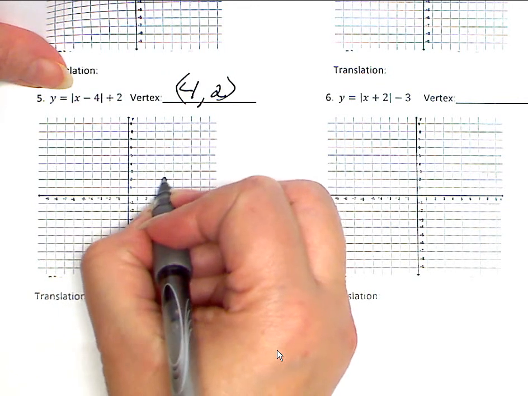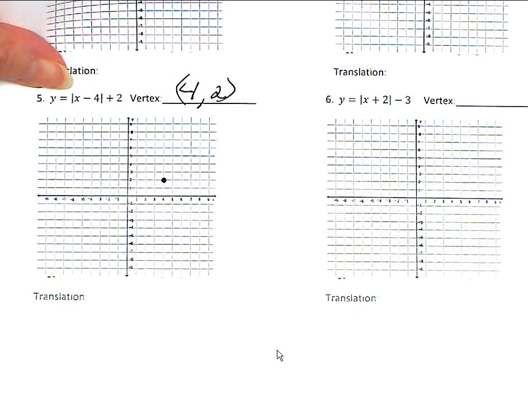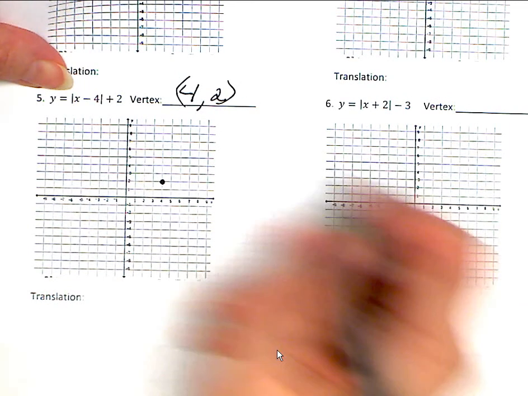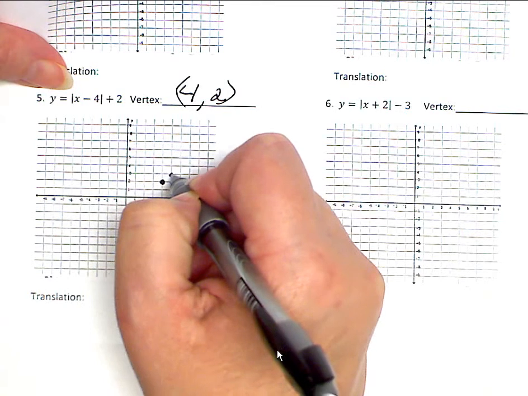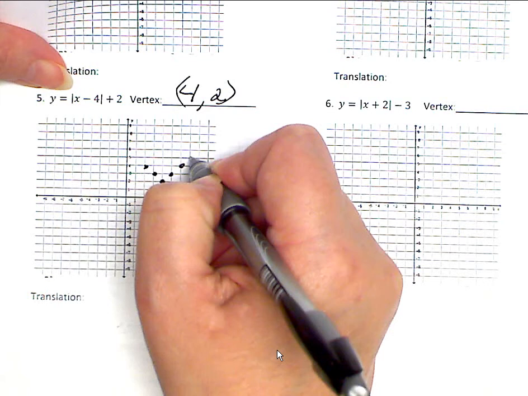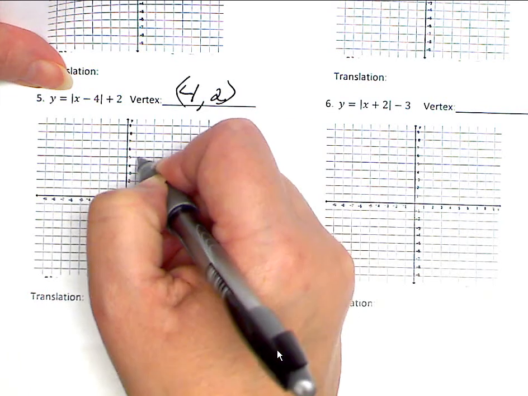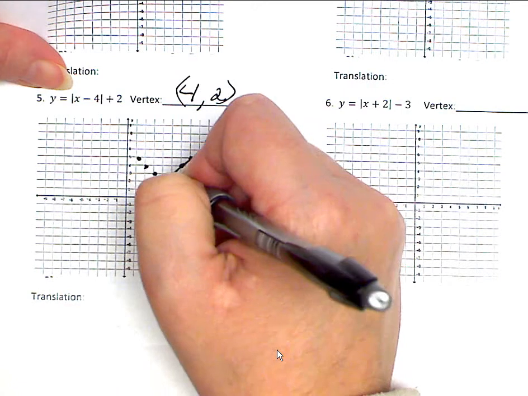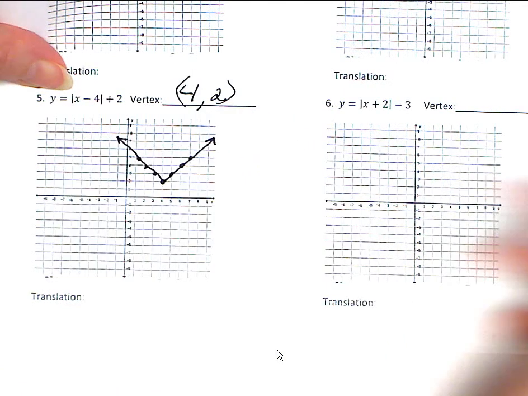At that point, if you don't believe me, you could definitely plug in numbers, but since this is my vertex, it goes 1 here, 1 there, because we know what the parent looks like. Yes.